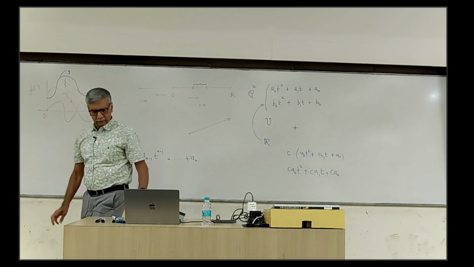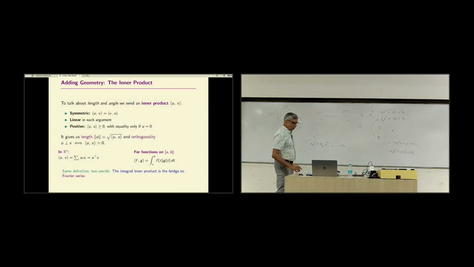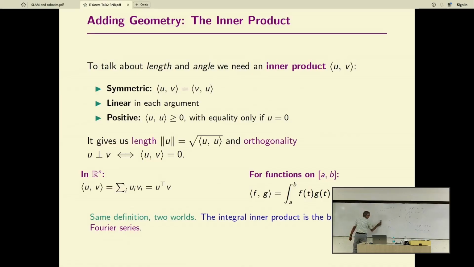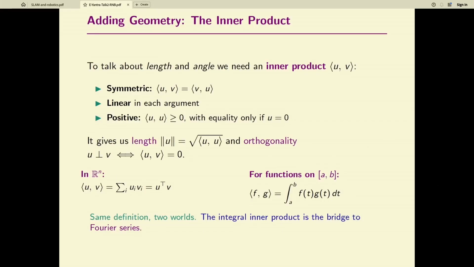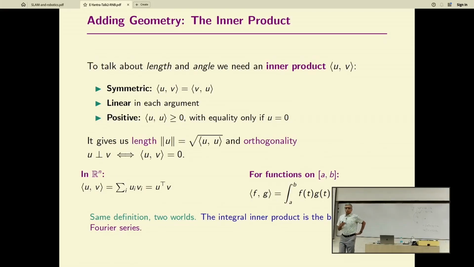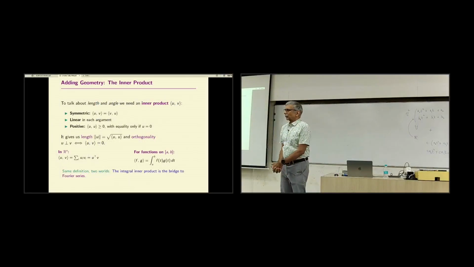Okay, so I'm now going to move to something which is geometric. When we described the column vector first, to talk of length we used a norm, the Euclidean norm.